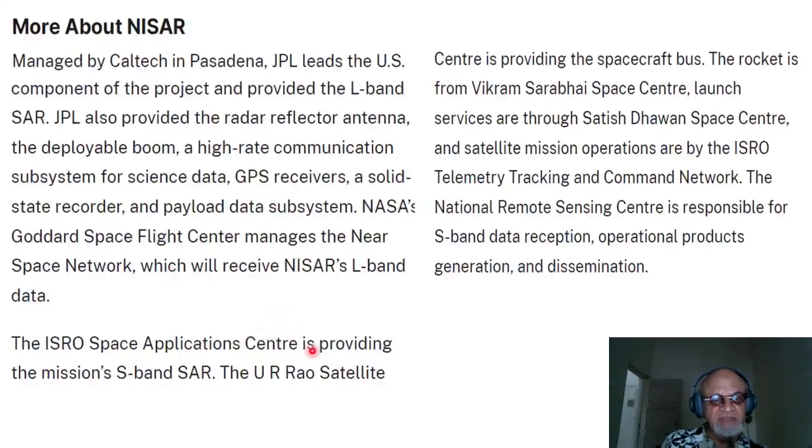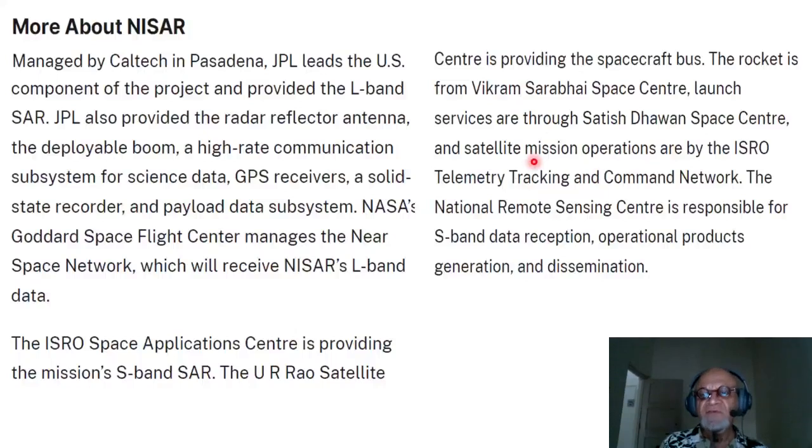The ISRO Space Applications Center is providing the mission's S-band SAR. The U.R. Rao Satellite Center is providing the spacecraft bus. U.R. Rao is a famous space scientist from the state of Karnataka, where I belong. I met him many times because he was also working on the governing council of the Indian Institute of Tropical Meteorology, and I used to be on the Research Advisory Council, so we reported to the GC and so on.